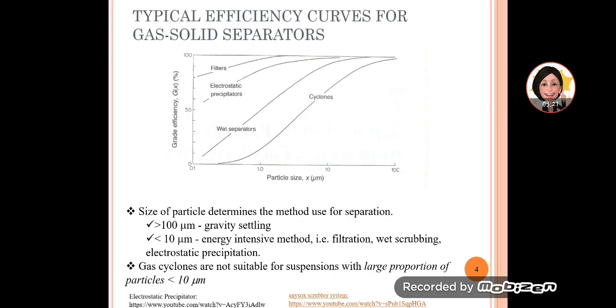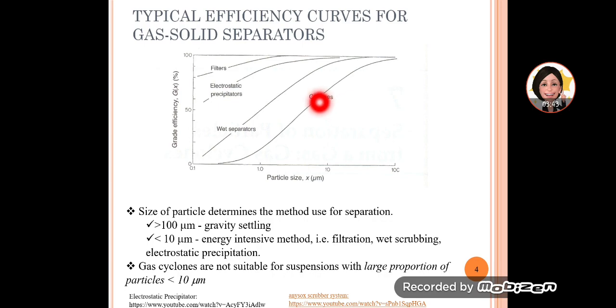This is a graph of typical efficiency curves for different gas solid separators. As you can see, cyclones are efficient for bigger particle sizes, bigger than 10 micrometers.